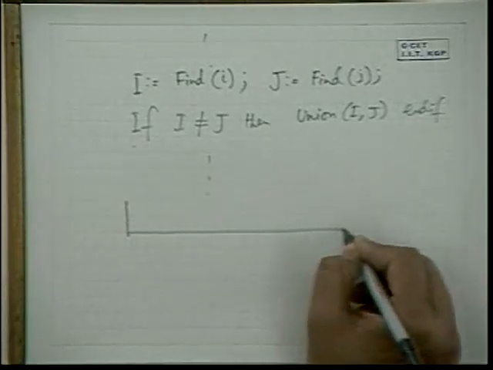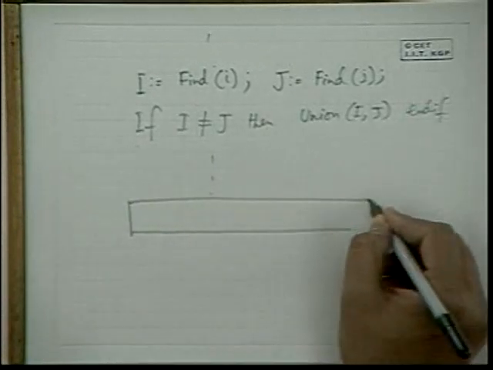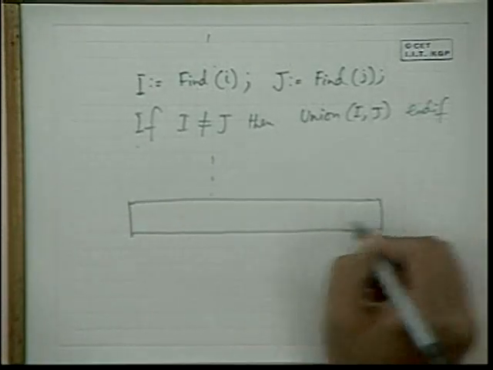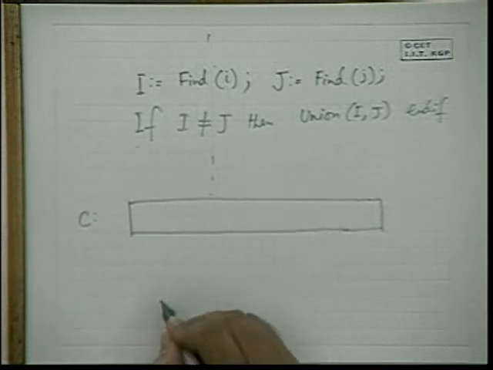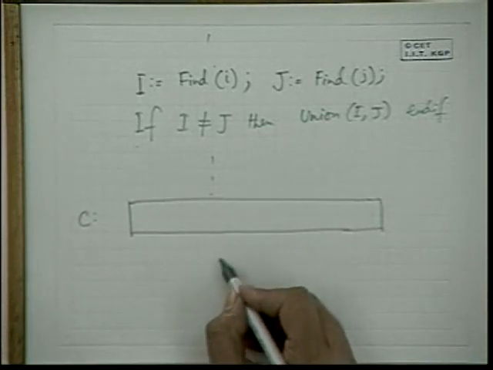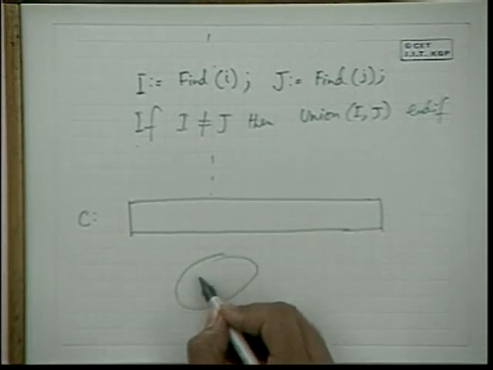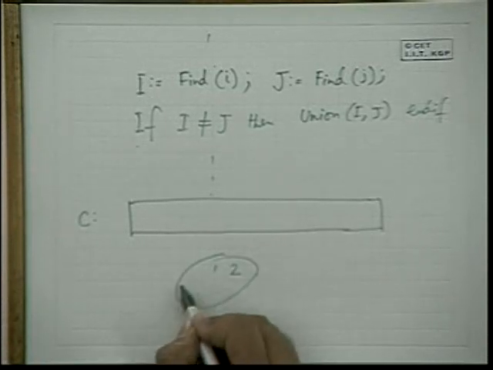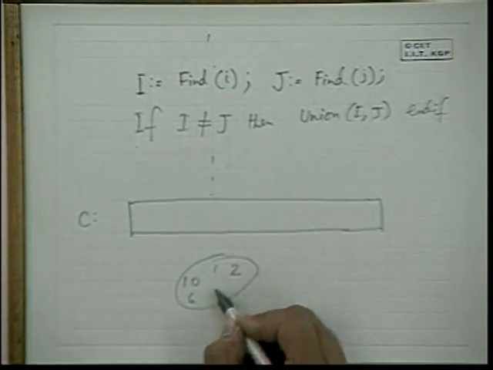Now let us see how we represent this set of sets. So here is one representation. We will maintain an array C, and suppose we have the set 1, 2, 10, 6, 3.